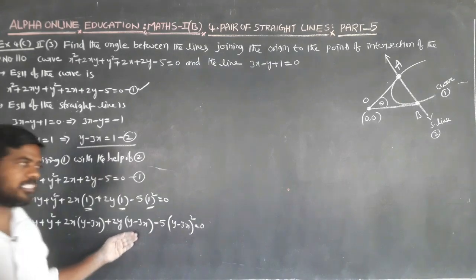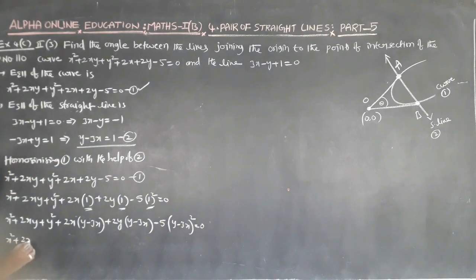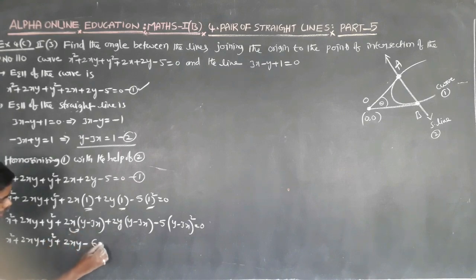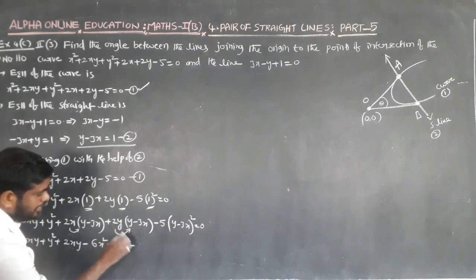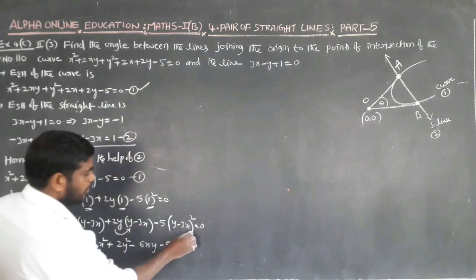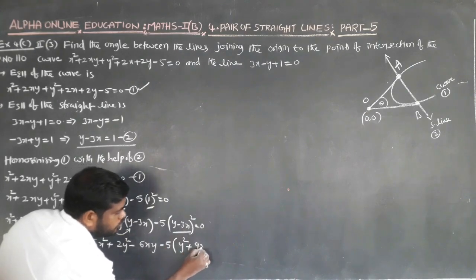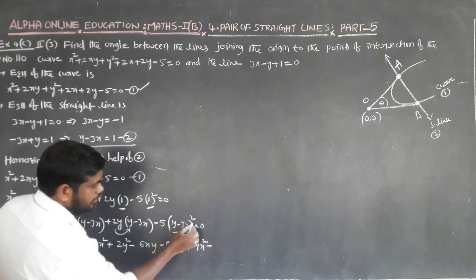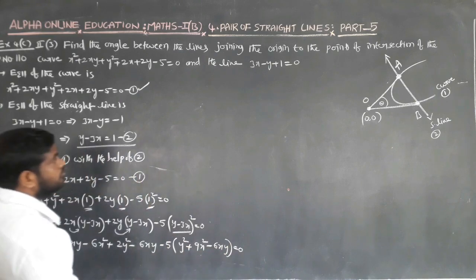This equation simplifying, and after that find the angle between the two lines. x square plus 2xy plus y square, 2x into y, 2xy, plus into minus minus, 2 3s are 6, x into x, x square, 2y into y, 2y square, plus into minus minus, 2 3s are 6, y into x, xy, minus 5 into a minus b whole square: a square, y square, b square, 3x whole square, 9x square, minus 2ab, 2 3s are 6 into x into y, 6xy, is equal to 0.